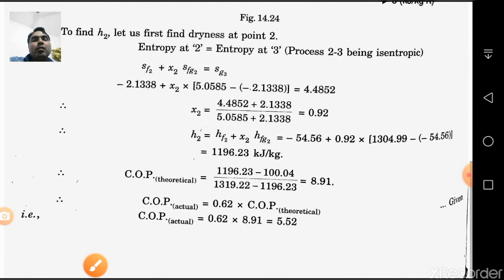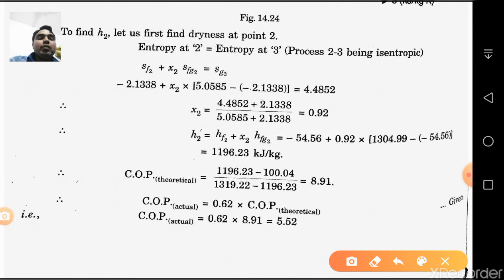Next, the theoretical COP of the system. The theoretical COP of the system is the refrigerating effect divided by work done. The mass in the numerator and denominator is the same. So the refrigerating effect is H2 minus H1, and for the compression process it is H3 minus H2.